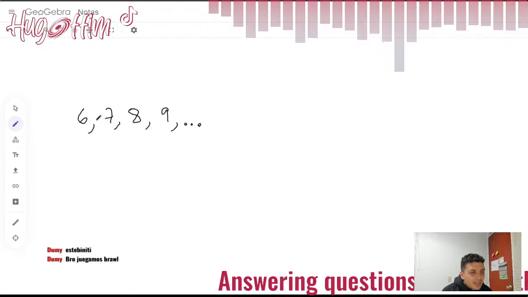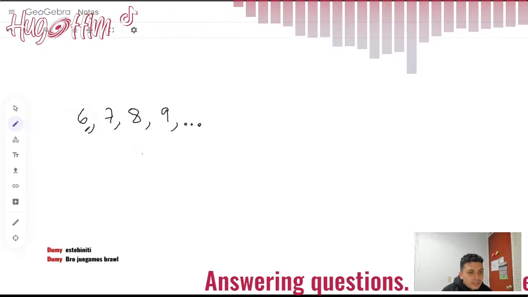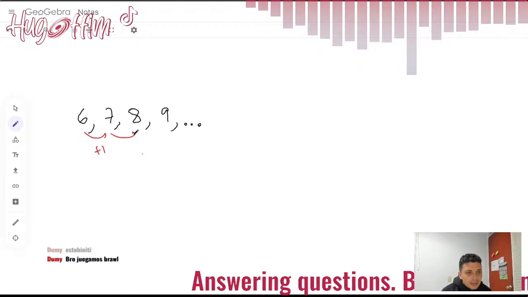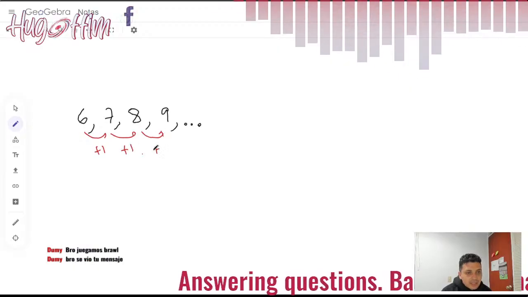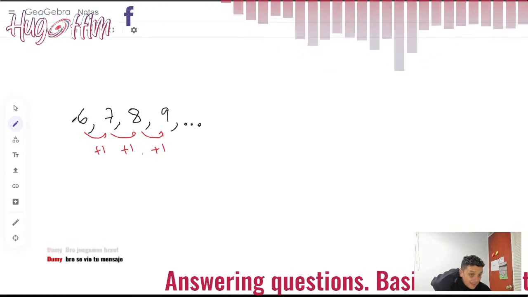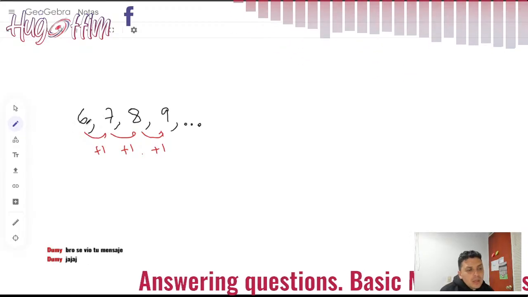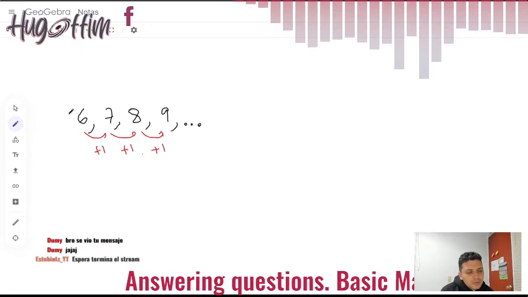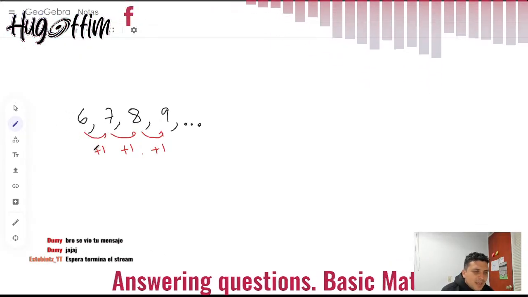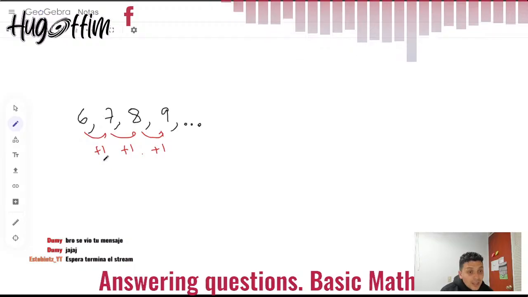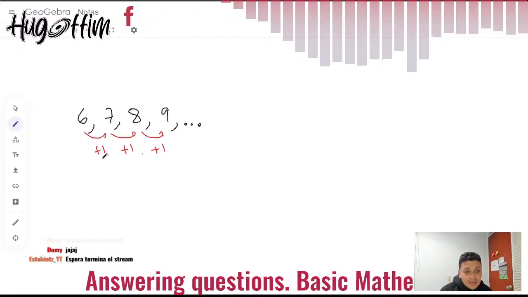Observe that in this sequence I'm adding 1 all the time: plus 1, plus 1, plus 1. And the term that you start with is not 1. So you have plus 1 every time.